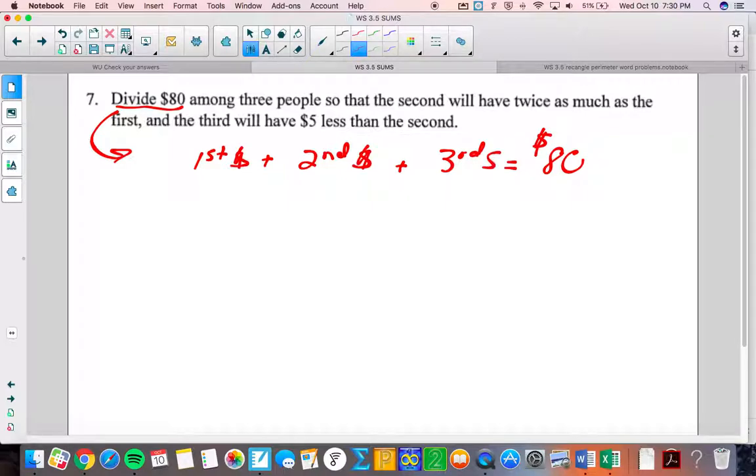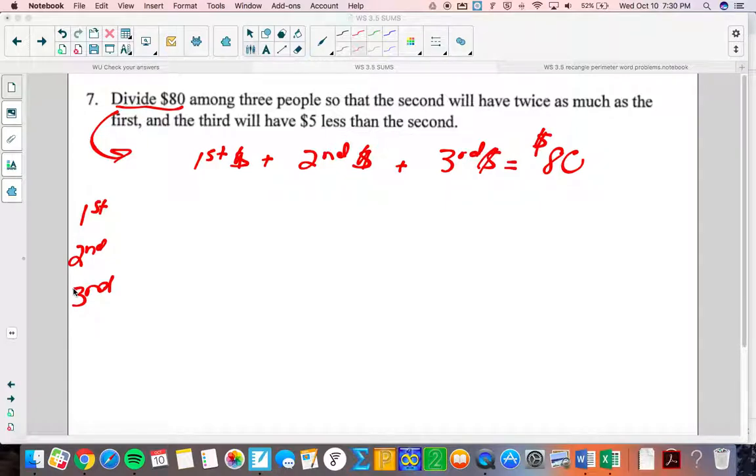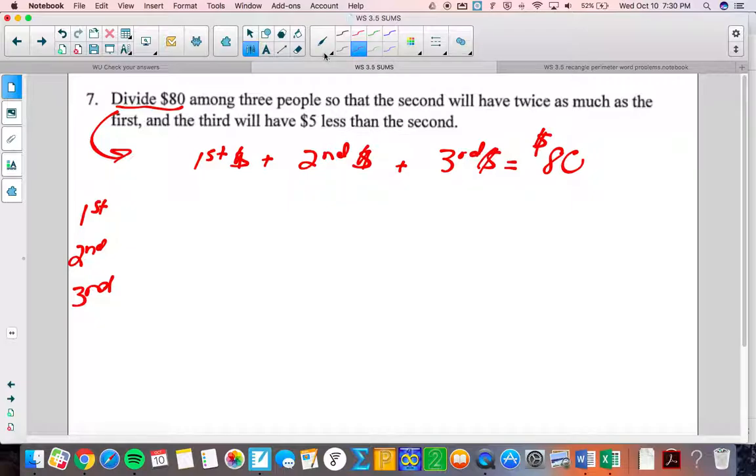Now I'm not going to carry the dollar sign down the whole way, but first person's money, second person's money, third person's money. All right, so here's where it's important that we acknowledge that there's a first person, a second person, and a third person. Remember, the variable goes to the person or the thing or the side or the number that doesn't get a description. And here's what I mean by that.